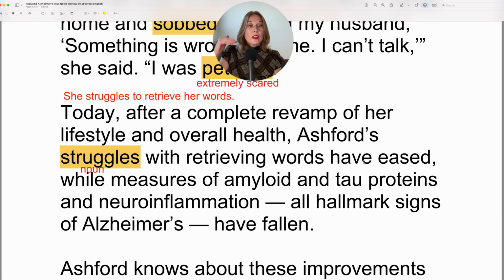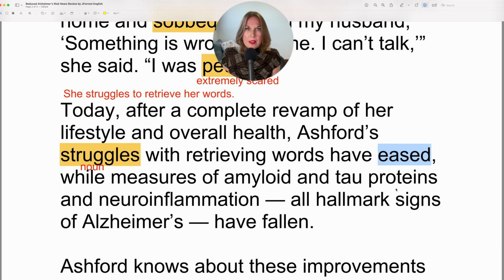And her struggles have eased. This means the severity. Remember, we talked about the word severity, how severe something is, the severity. The severity has gone down. So have eased. To ease, it's gone down or it's lessened. It's become less bad.